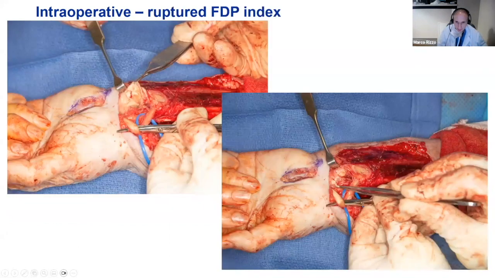I apologize, not the FCR. So this is the index finger flexor tendon that ultimately I repaired with an end-side repair to the FDP to the other digits, and ultimately she ended up doing pretty good in that regard.